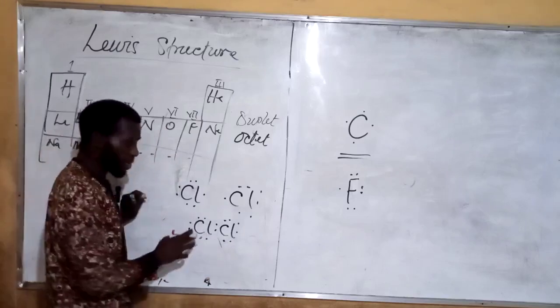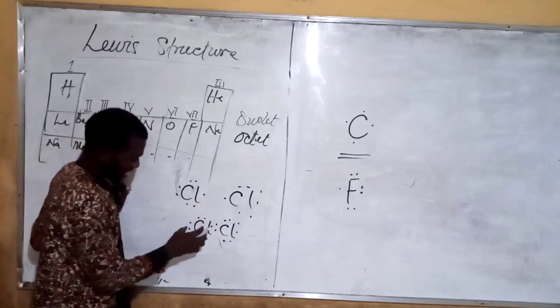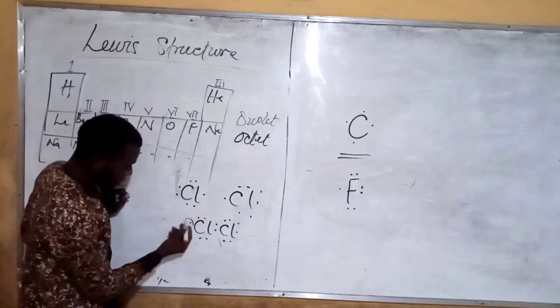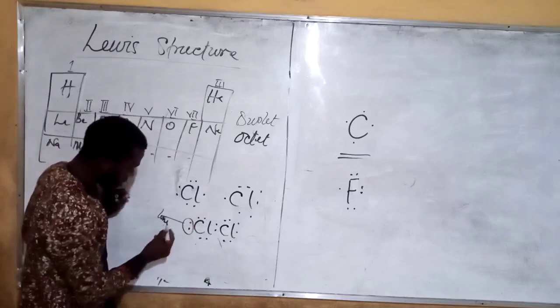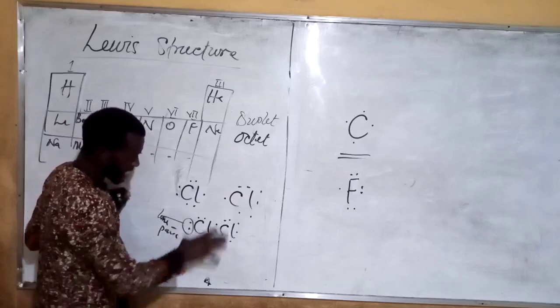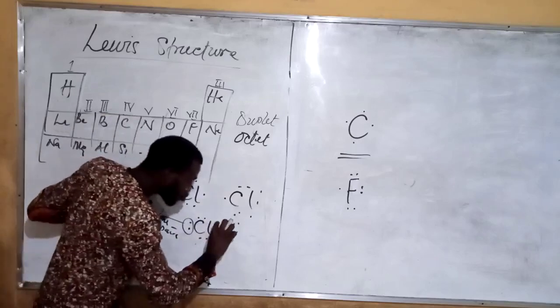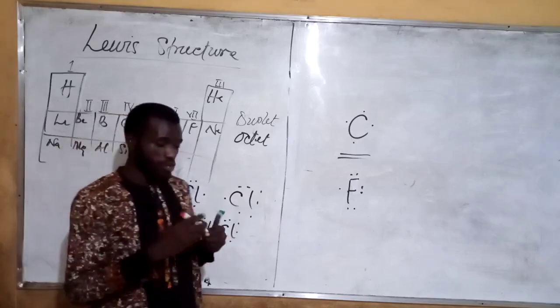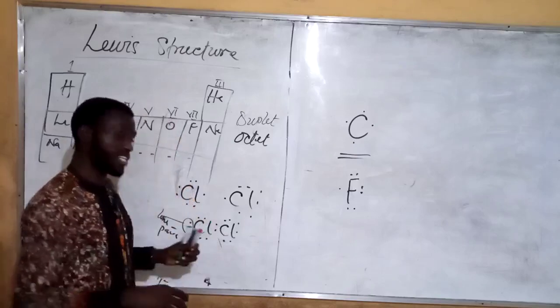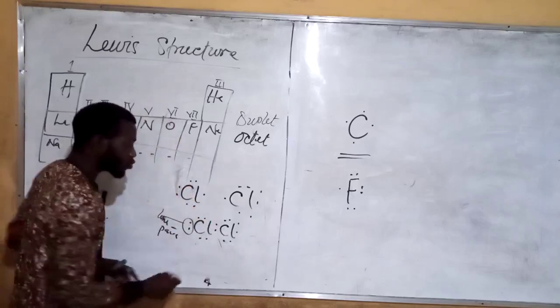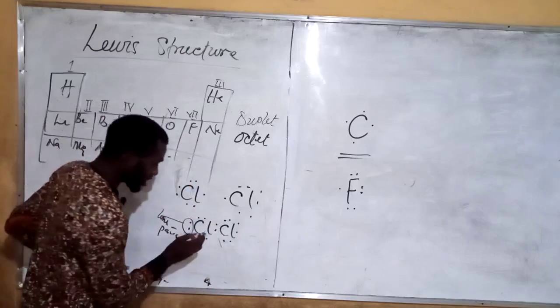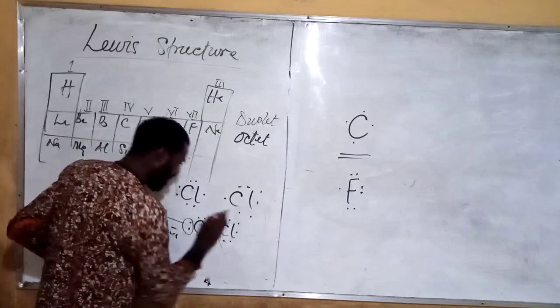Now, 3 lone pairs on each. As it is, you call these lone pairs. Now, as it is in this form, if you remember the video on covalent bonding, these 2 electrons belong to this chlorine as well as this chlorine.